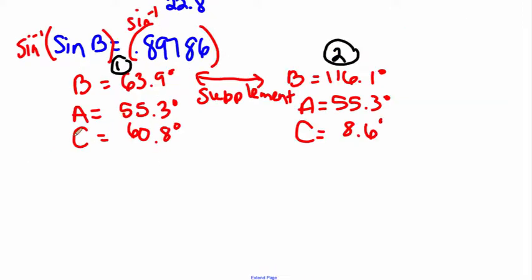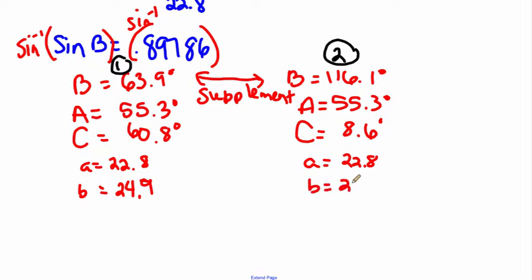Now, since angle A was given and side A was given, side A was 22.8 and side B was 24.9, those are not going to change. But angle C and side C can, depending on what angle we have.